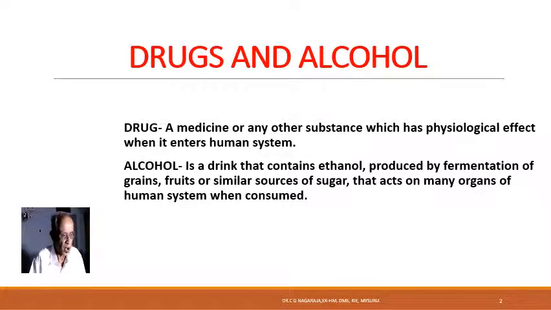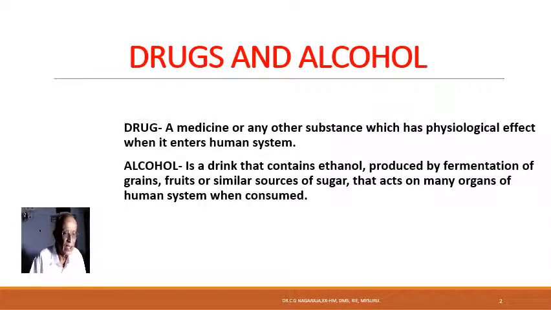Second one is alcohol. We normally take alcohol for granted and we may not know even from where we get the alcohol. It's a drink, whereas the drug may be in the powder form, tablet form, but alcohol cannot be in the powder form or in the tablet form.